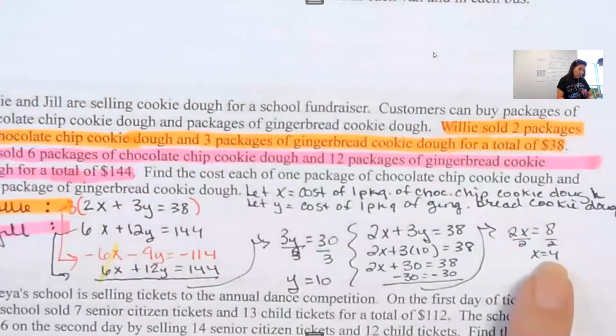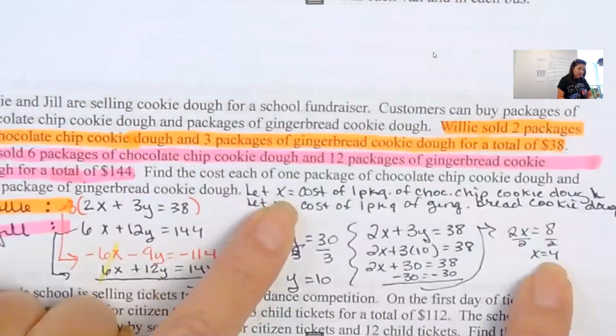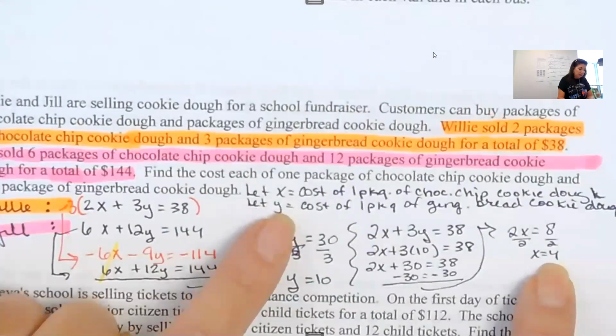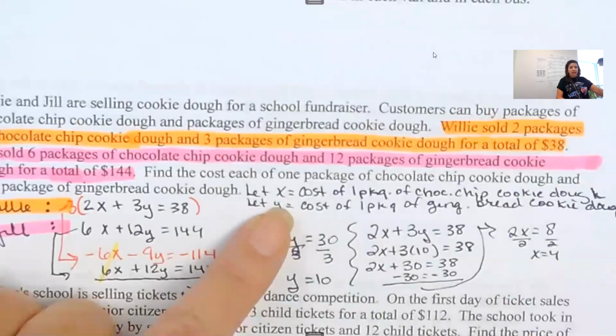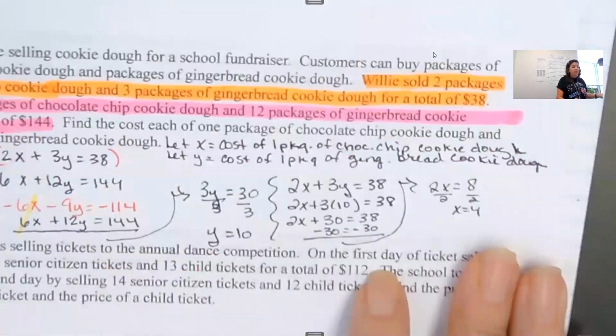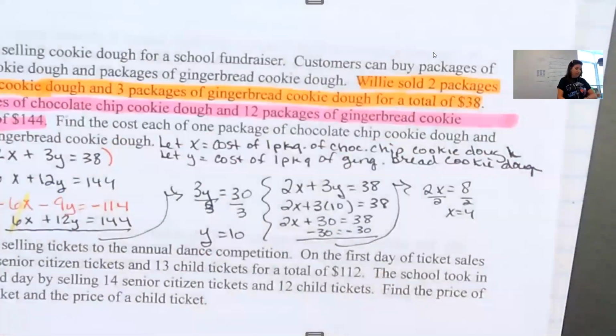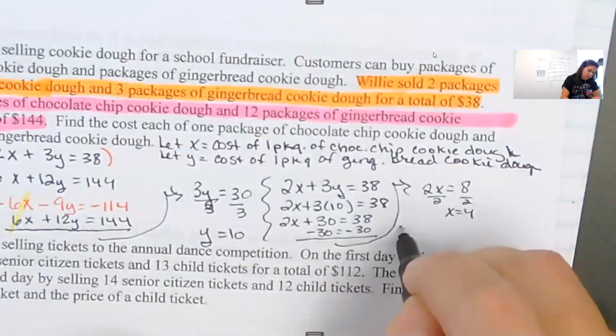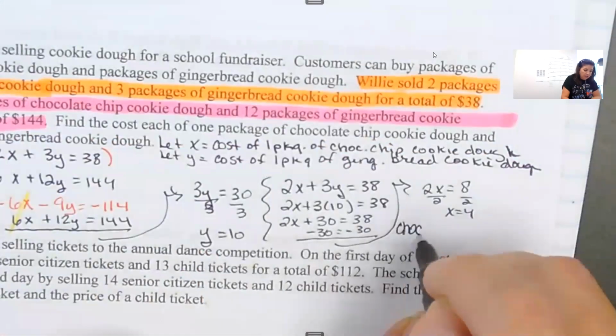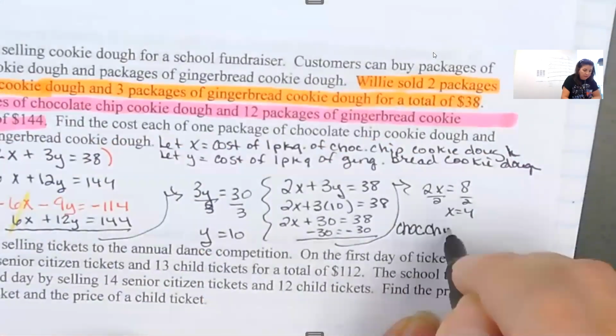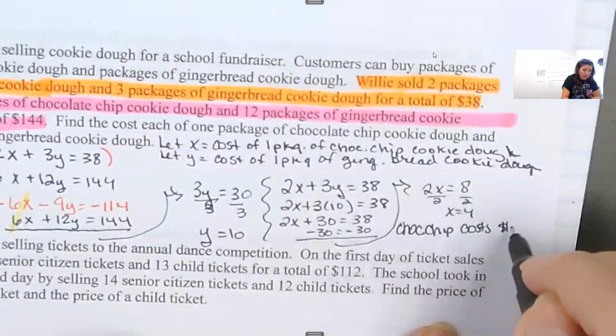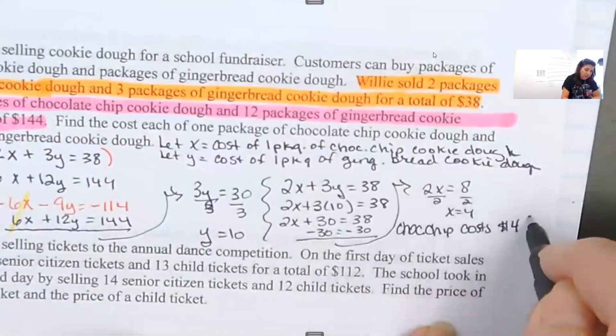So x is 4. X was the cost of 1 package of chocolate chip cookie dough. So 1 package of chocolate chip cookie dough costs $4, and 1 package of gingerbread cookie dough costs $10. I wonder why the chocolate chip cookie dough is so much more affordable than the gingerbread. Chocolate chip costs $4 each.